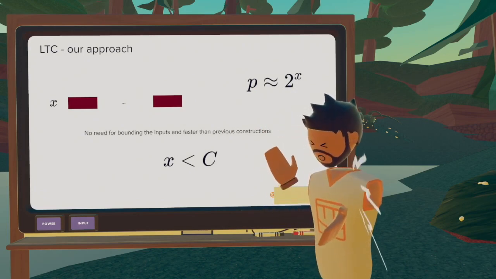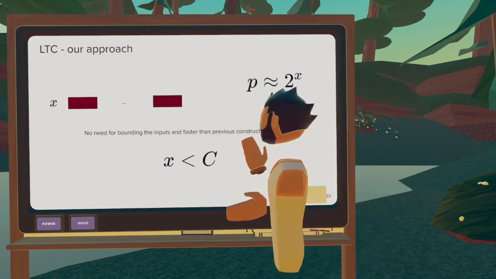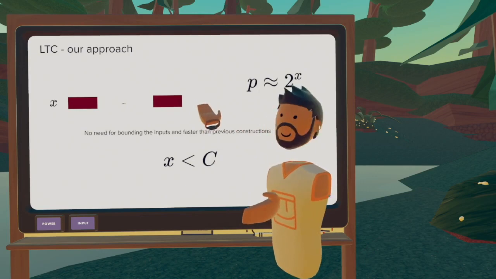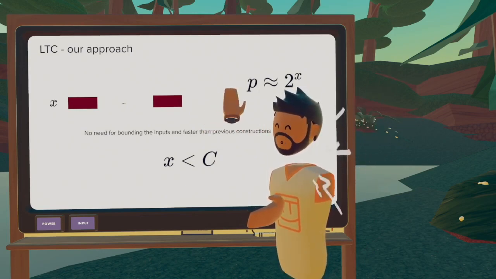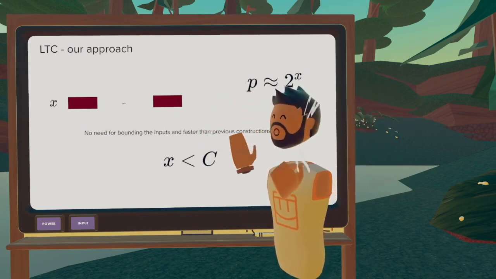What's really cool about our approach is that we can avoid those sec bits and make use of the full field length.